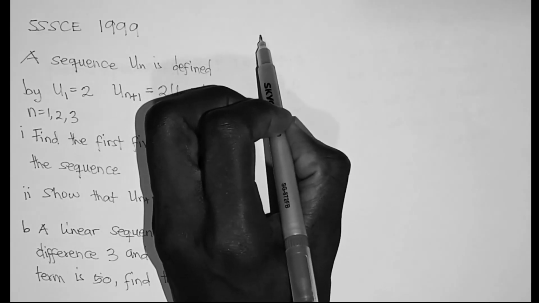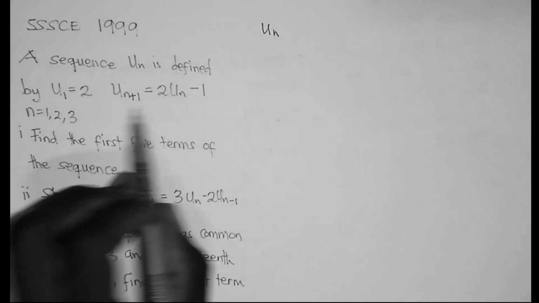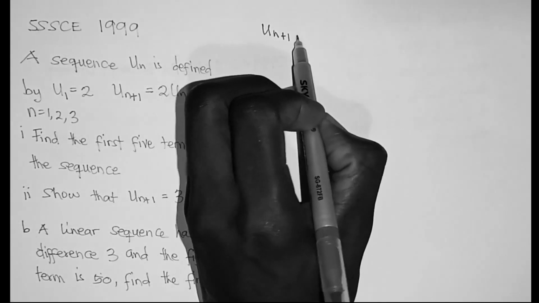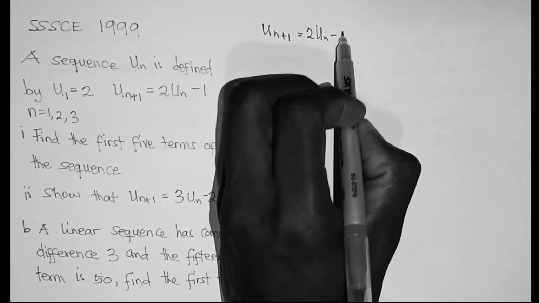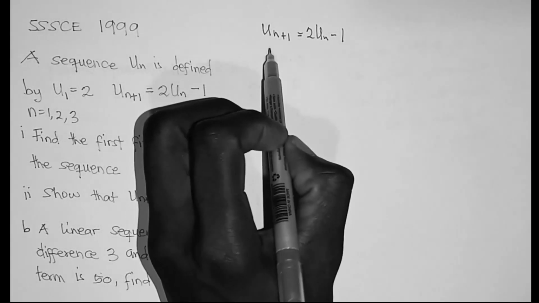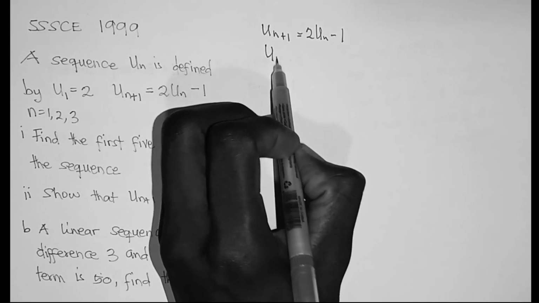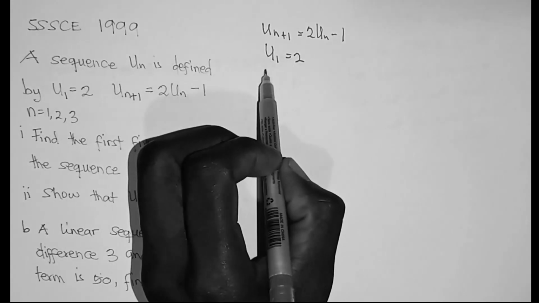So the sequence is un plus 1 equals 2un minus 1. But the question says u1 is equal to 2. So what is u2?